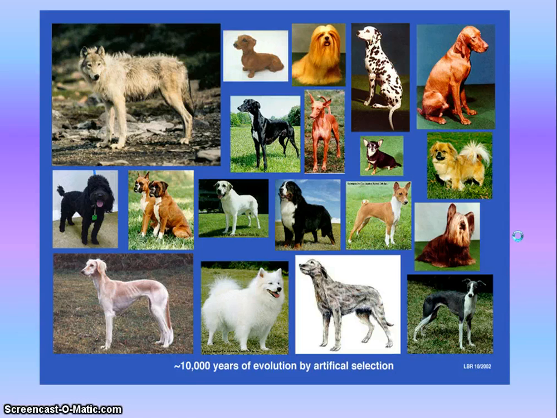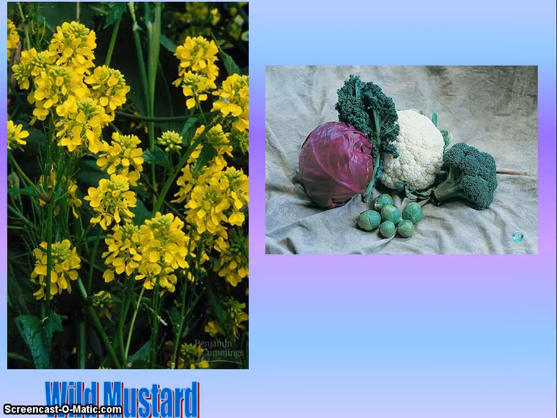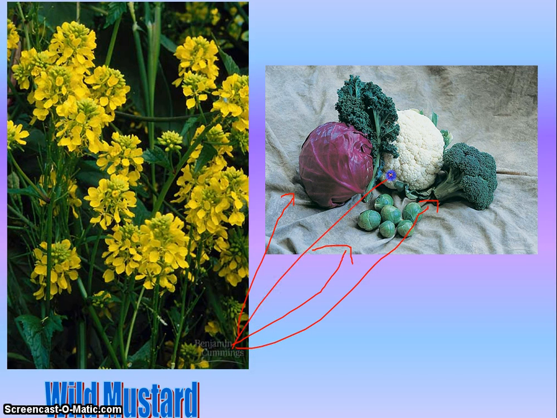And this is just showing you, from the wild mustard plant, we have made cabbage, Brussels sprouts, broccoli, broccoli rabe, cauliflower, kale, and so forth. That is all because the breeder or scientist has modified it.